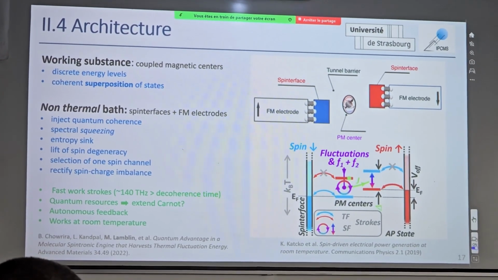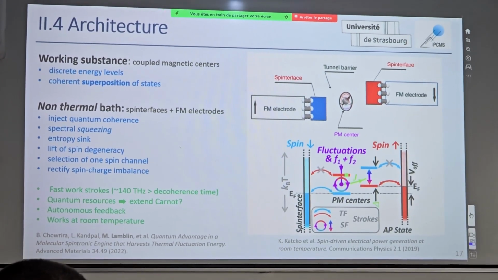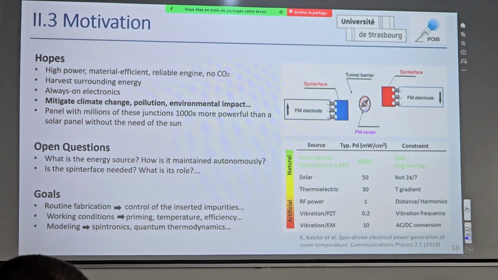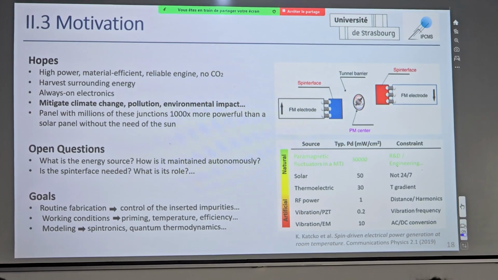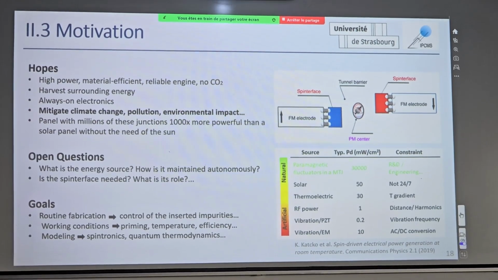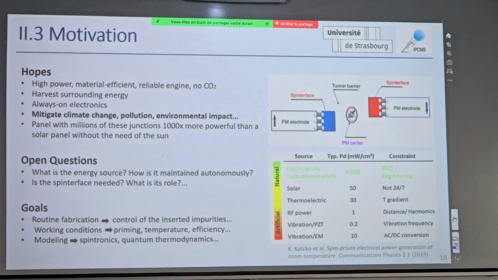It benefits from an autonomous feedback, and it works at room temperature. So the hopes of this technology are high, as it could lead to a high power, material efficient and reliable engine that is emitting no carbon dioxide.